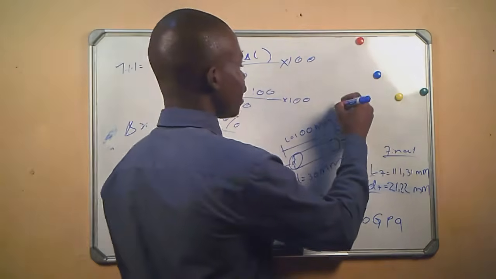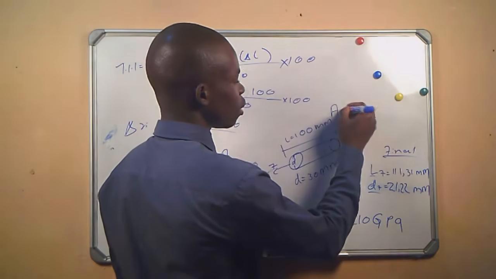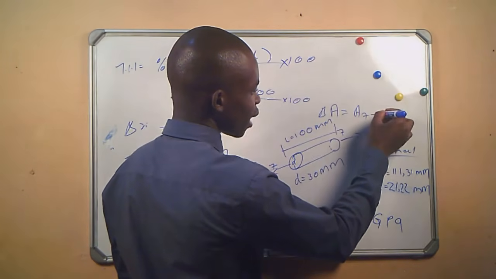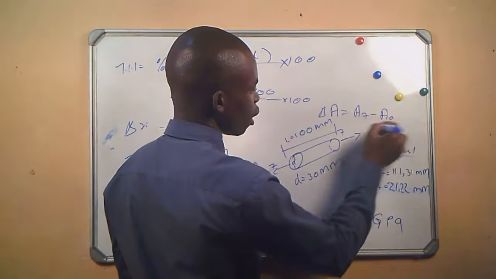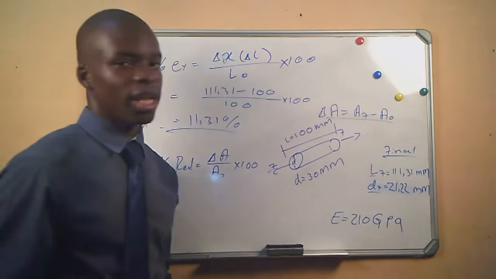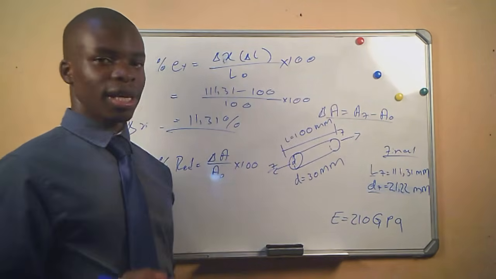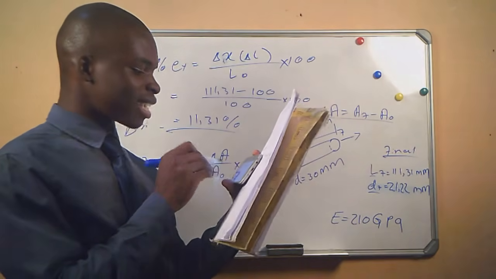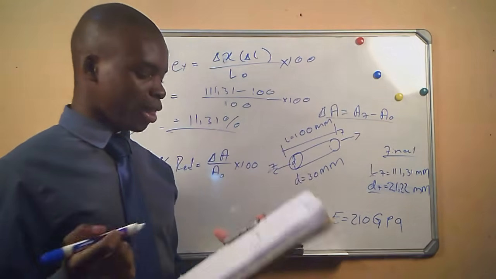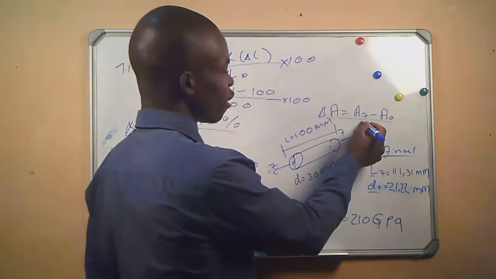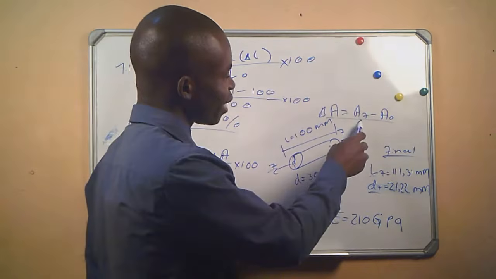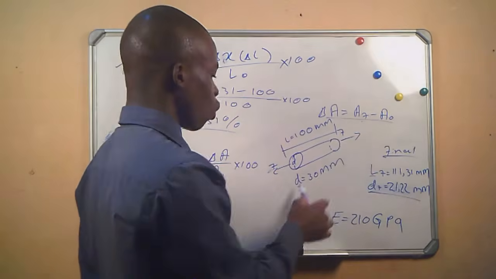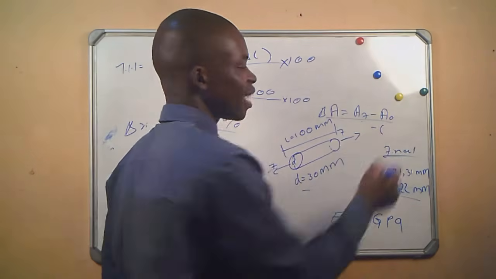We know change in area is supposed to be the final area negative the initial area, which is the original area. But take note, in the question they have already said that it is the percentage reduction in the area of the gauge length. So notice that the final area will be less than the original area. So here we will get a negative sign.